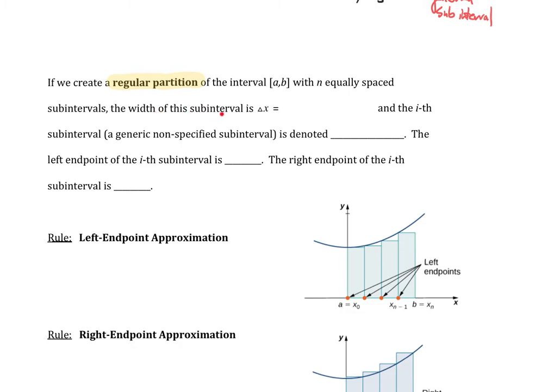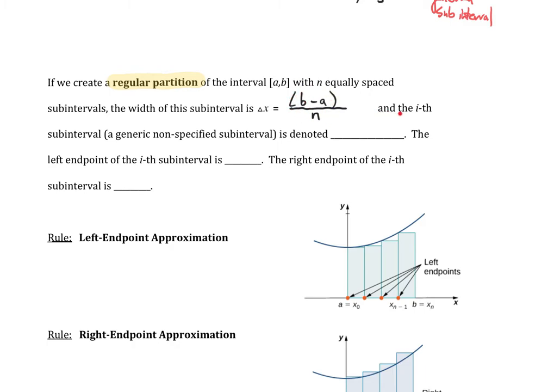The width of this subinterval is going to be delta x. And we have a formula for what delta x is going to be. It's going to be the length of the entire interval, which is b minus a, divided by the number of subintervals, which is n. So this is going to give us the width of a regular partition.